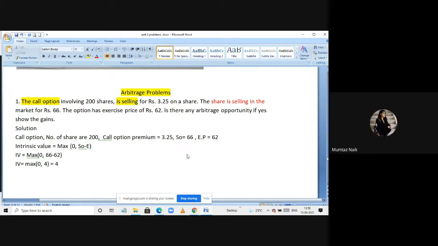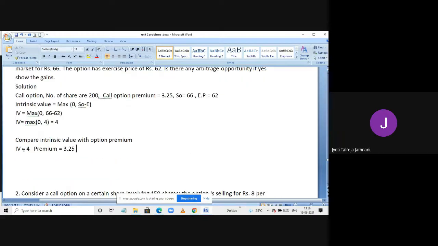So intrinsic value is 4. Now I told you we need to compare two things: compare intrinsic value with option premium. Intrinsic value is 4 rupees and premium is 3.25. Now just see here, are both different, intrinsic value and premium, or are they the same?